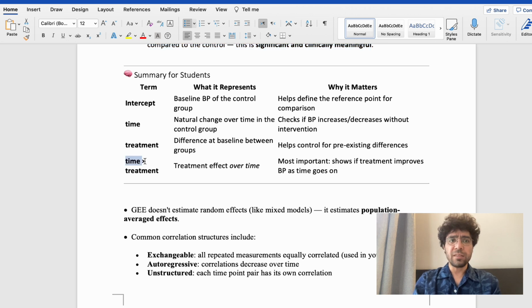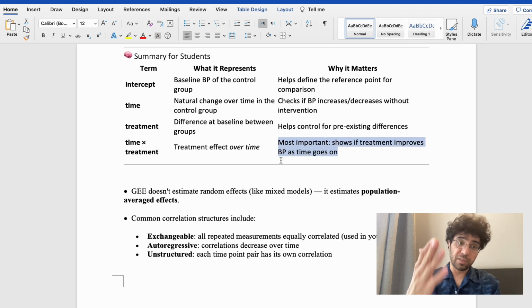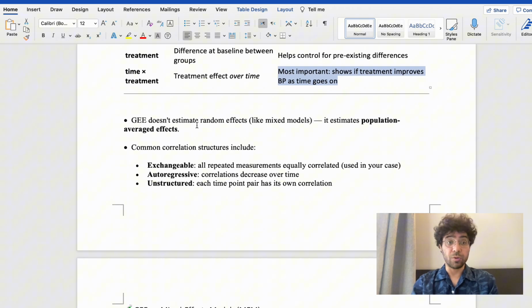The most important thing that we are talking about is the time-treatment interaction. It shows if treatment improves blood pressure as time goes on. Improves means lowers the blood pressure in this case, right? And we understand it from the minus in the coefficient.